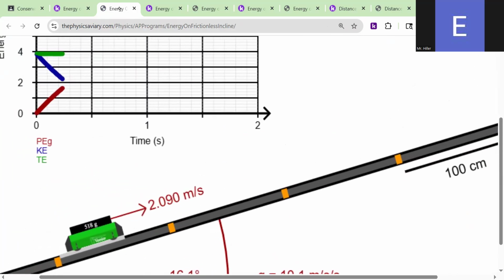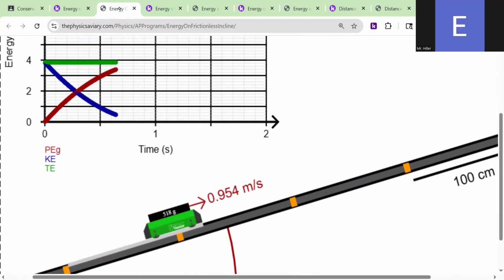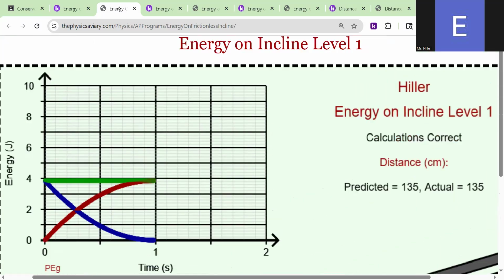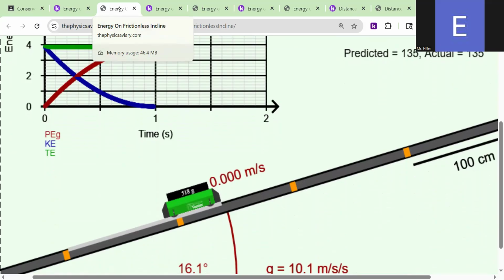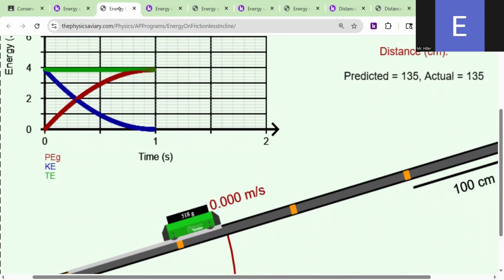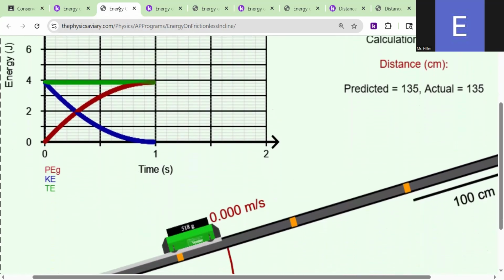Okay, when you do this, it's going to run the simulation until the speed of the cart gets to 0, and you can see it's constructing kinetic, potential and total energy graphs. Okay, and there you go. What you are going to do is take some time with 3 different colors, and reproduce that graph. Now, if you have the ability to copy and paste that graph onto your page, go ahead and do that.